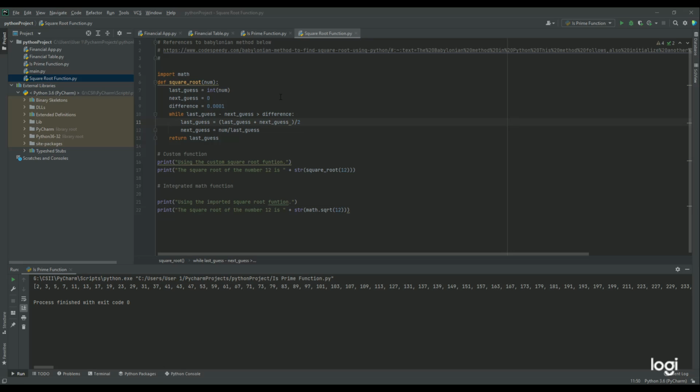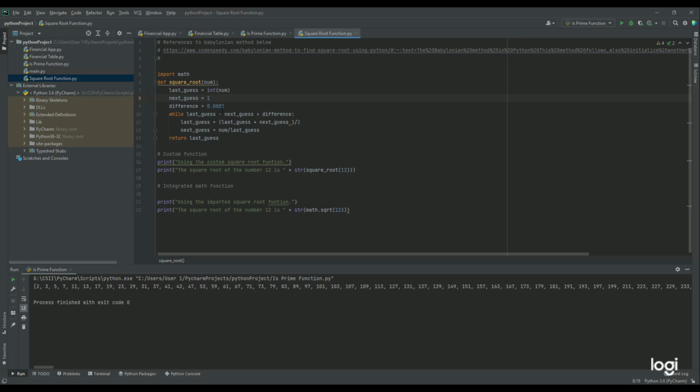So as our homework stated, and as my reference states as well, we have our last guess, which is the number that we're going to input. So if we, for example, enter the number 12, last guess would be 12, and next guess I'm going to set to 1 because that's what the homework said.